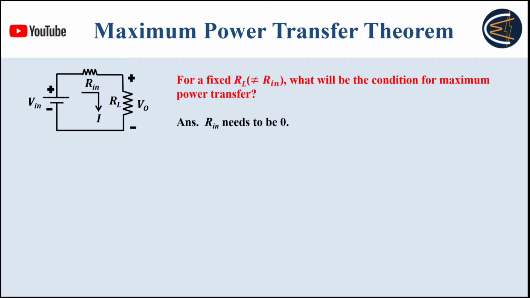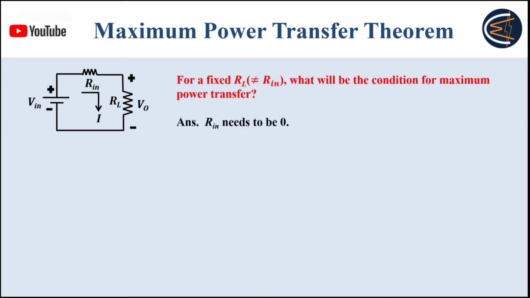So the reason is very simple. Your R in is the internal parameter of that system or that circuit, right? That you cannot actually change. So in that internal resistance, obviously there will be a loss, I square R loss, and that loss is actually a wastage. That power in terms of loss doesn't contribute to your load.